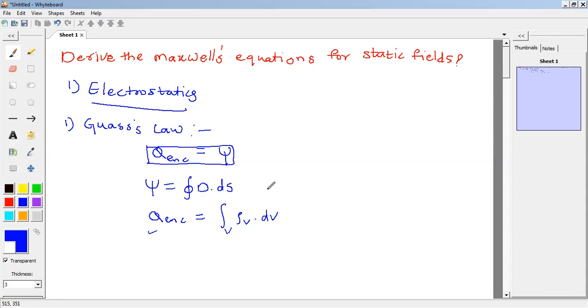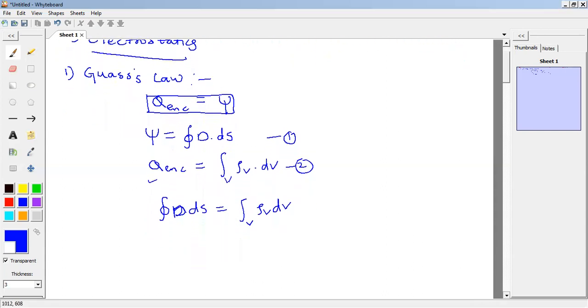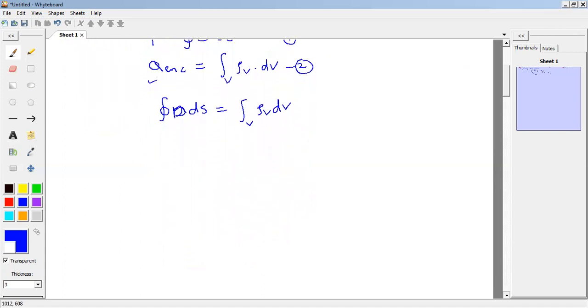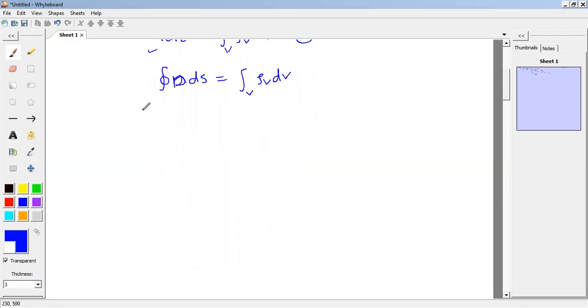Now based upon the first equation and the second equation, we may write that the closed integral of D dot dS is equal to the volume integral of rho v dv. Now we can apply the divergence theorem to this.